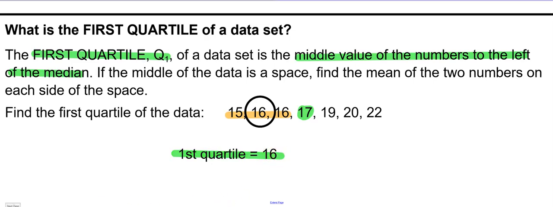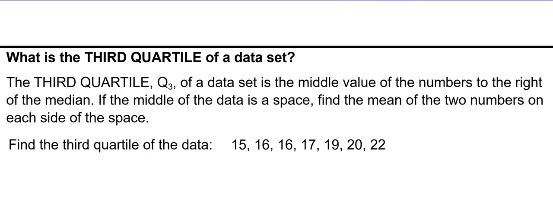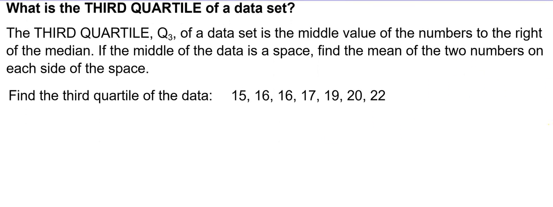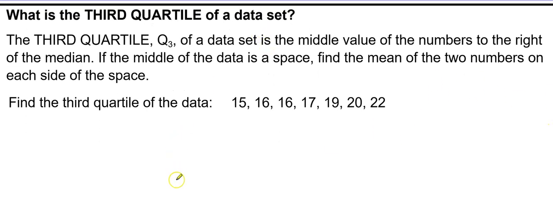And then the last term we're going to learn today is what we call the third quartile or upper quartile. The third quartile, Q3, of a data set is the middle value of the numbers to the right of the median. If the middle value is a space, find the mean of the two numbers. I'm going to show you that here in our lessons.